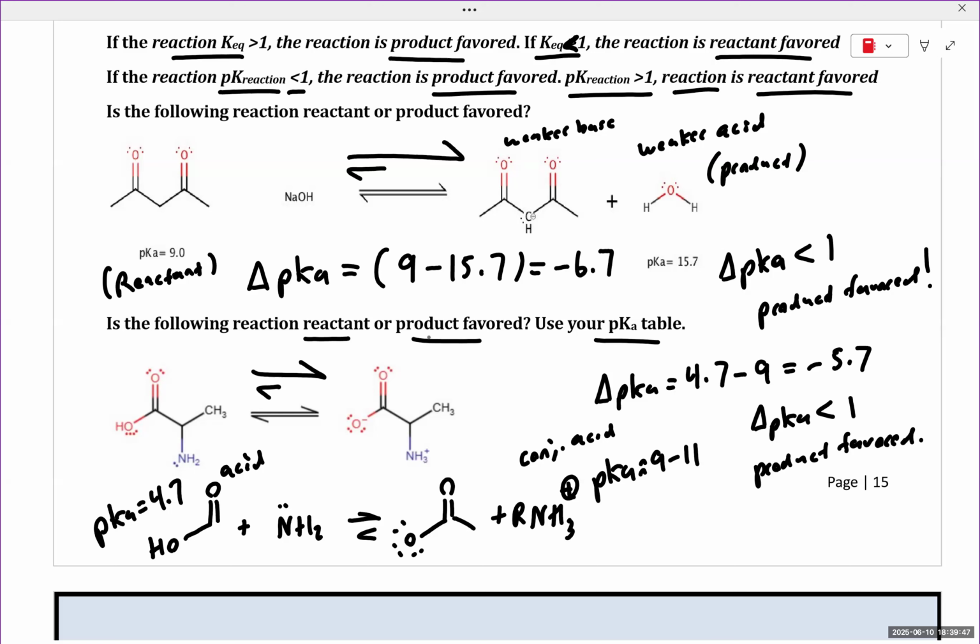The reason why this occurs is that the carboxylic acid is a strong acid, it can protonate the amine, and the conjugate ammonium salt generated is a weaker acid. The equilibrium favors production of the weaker, more stable conjugate acid, and additionally, it favors production of the weaker, more stable conjugate base. We can figure that out looking at the difference in pKa values.